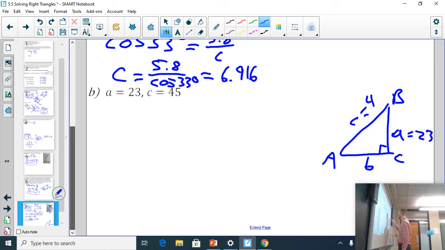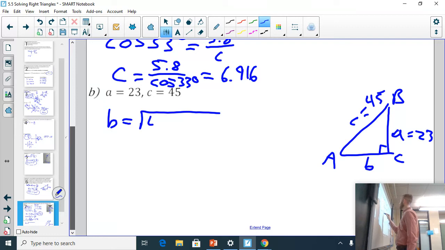So this time we start with two sides, and when I have two sides, immediately I'm just going to find the third. So I know that B, the missing one there, is going to be the square root, Pythagorean theorem, 45 squared minus 23 squared.